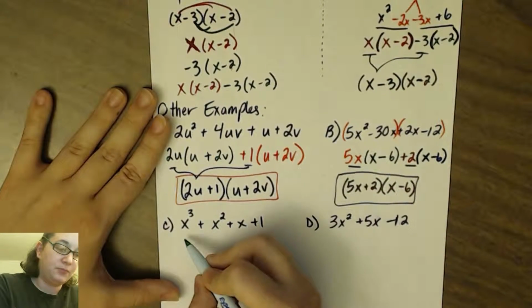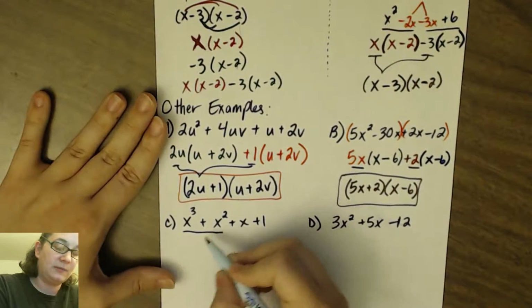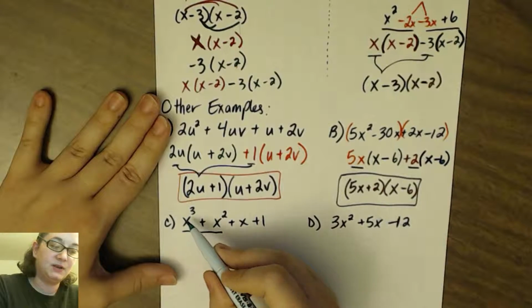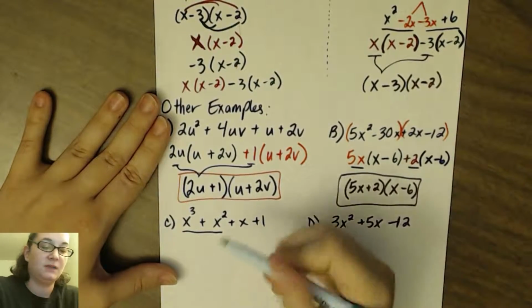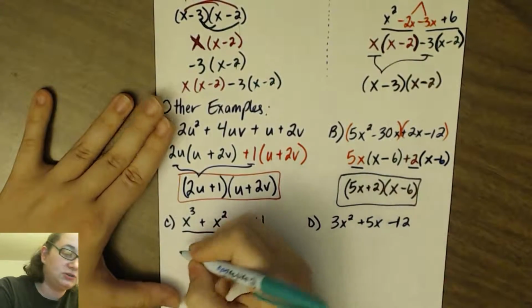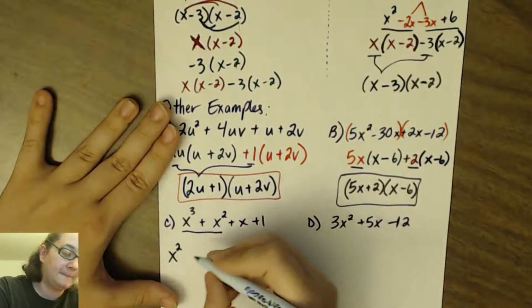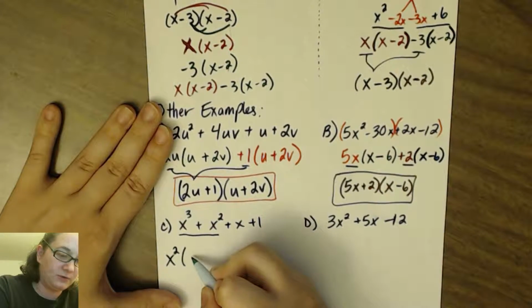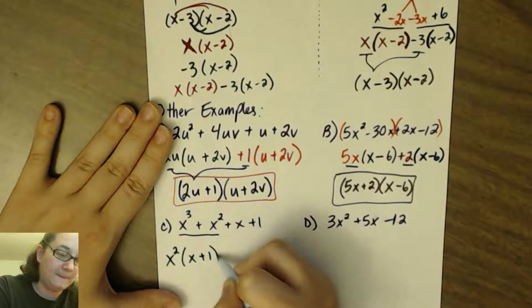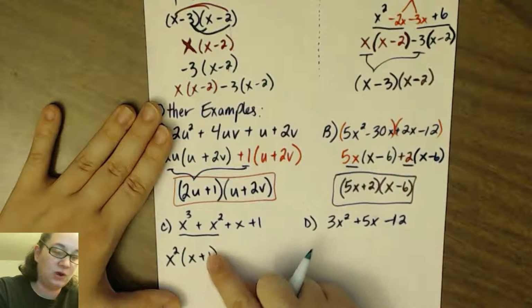So again, I'm putting these first two terms together, thinking about what they have in common. This has 3 x's multiplied together, x times x times x. This has 2 x's multiplied, so they share 2 of those in common. So I'm going to pull out x squared. And what's left over is x plus 1, because x squared times 1 would give me x squared.